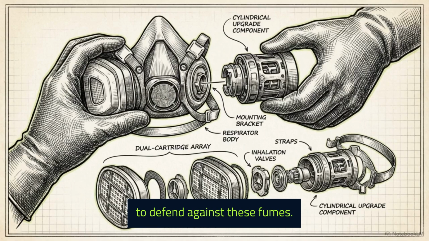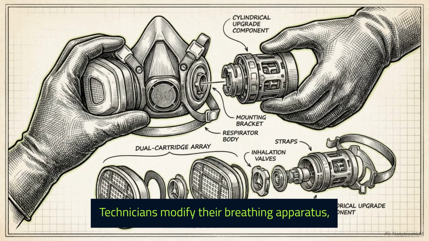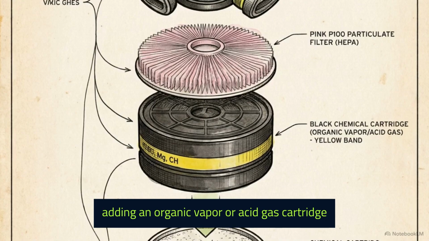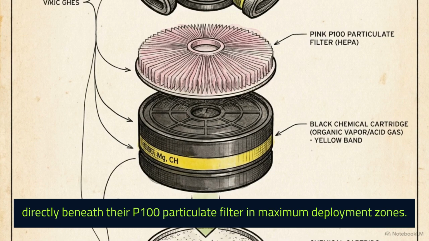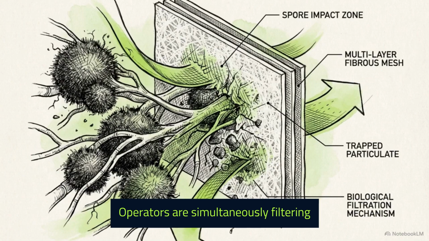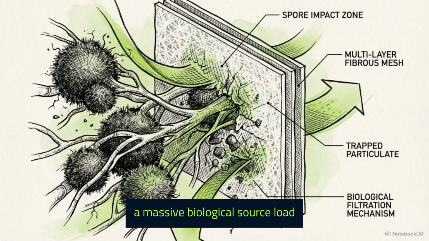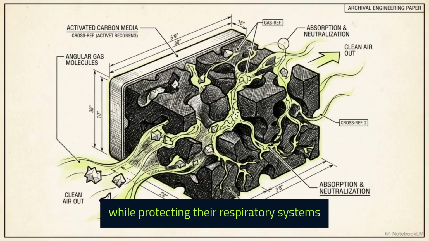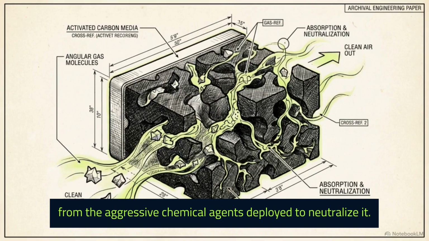To defend against these fumes, technicians modify their breathing apparatus, adding an organic vapor or acid gas cartridge directly beneath their P100 particulate filter. In maximum deployment zones, operators are simultaneously filtering a massive biological source load while protecting their respiratory systems from the aggressive chemical agents deployed to neutralize it.